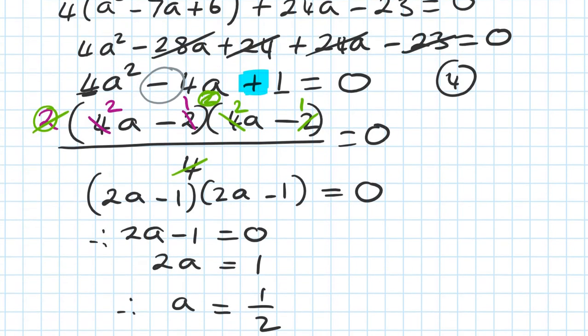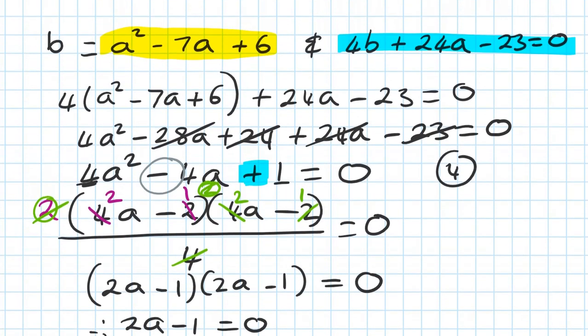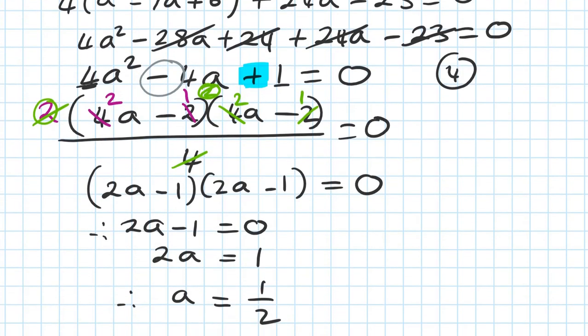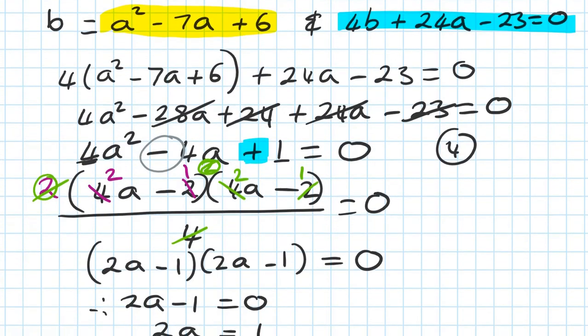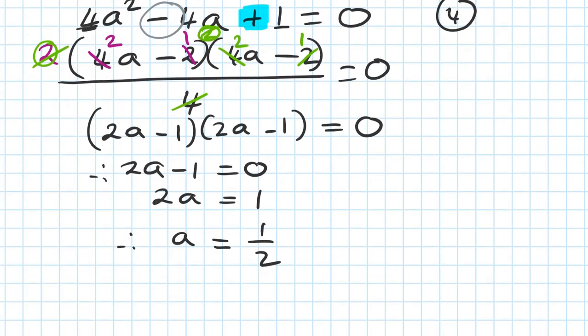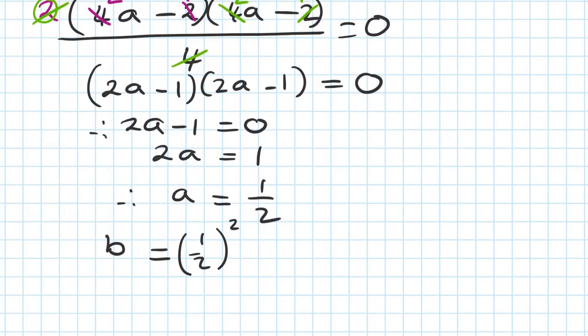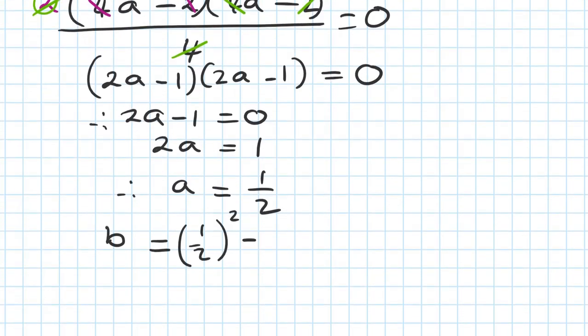For b, I need to substitute into the first equation, which is b equals a squared minus 7a plus 6. Here a is a half, so b is equal to a half all squared, then minus 7 times a half, and then plus 6.